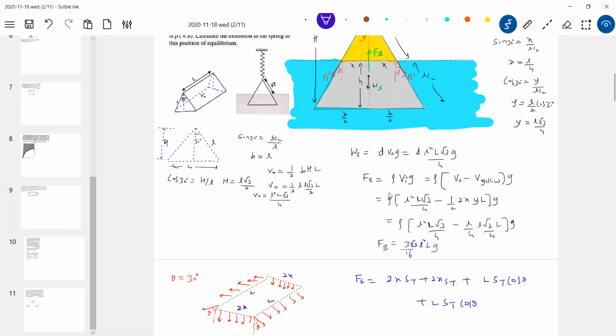And now why this 2x? This edge length here, what is this length? 2x, no? Because it will be immersed here. Then the liquid is in contact on this surface, and it will wet completely, so it will act along the surface. Here force due to surface tension will be along the y-axis. Here it acts along the slant length, along the slant surface.